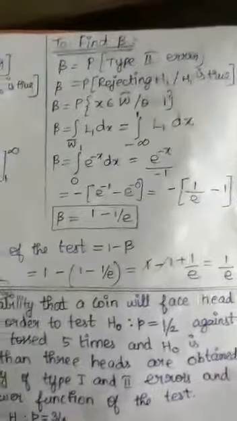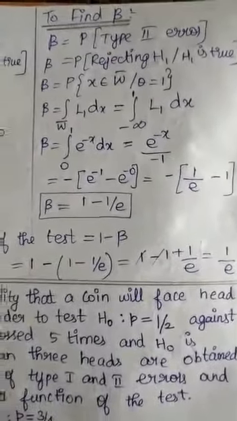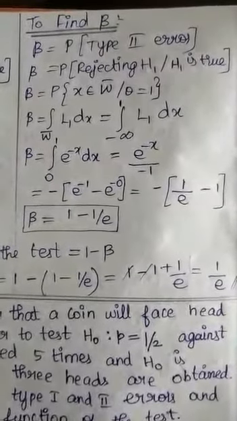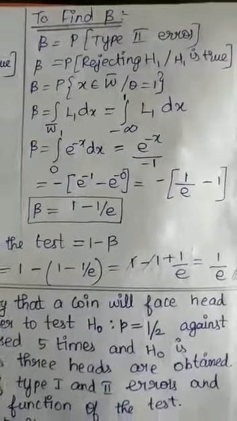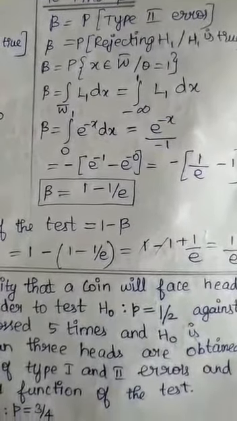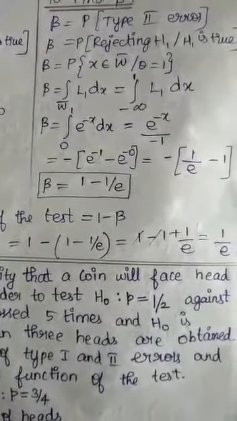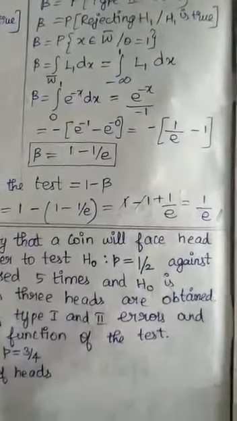Next we find the value of beta. Beta is the probability of type 2 error, accepting H0 when H1 is true. That is the probability of x belongs to W bar when H1 is true, meaning theta equal to 1. It is the integral over W bar of L1 dx.